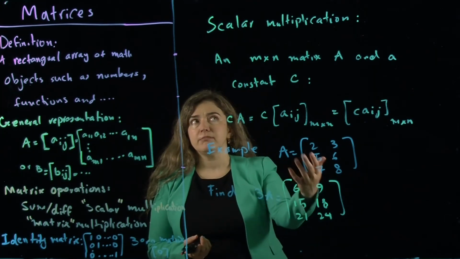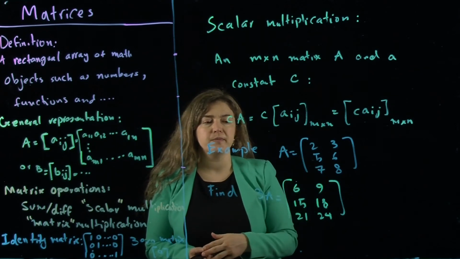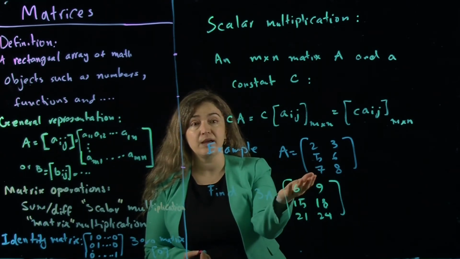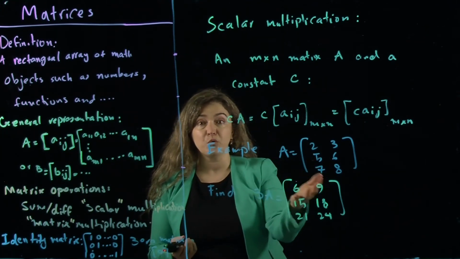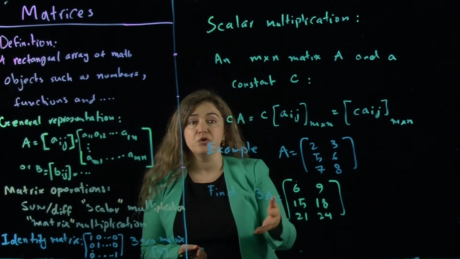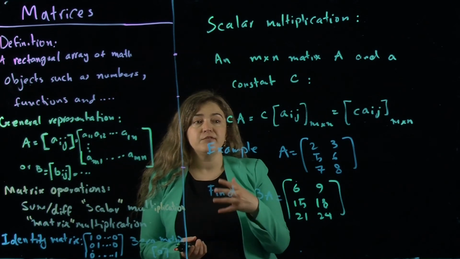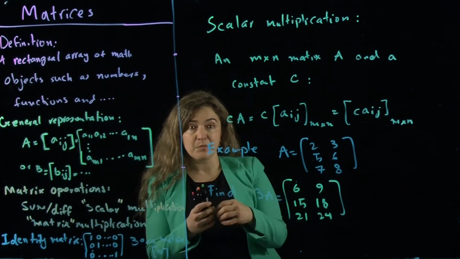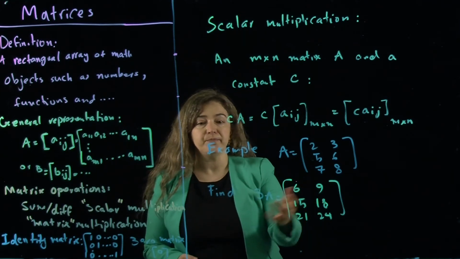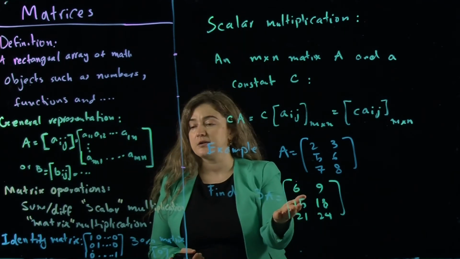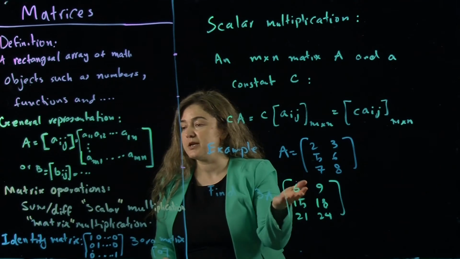In some of the future work with matrices, you notice that everything blows up or gets smaller with the same factor. That comes in handy when you're doing transformations and so forth.